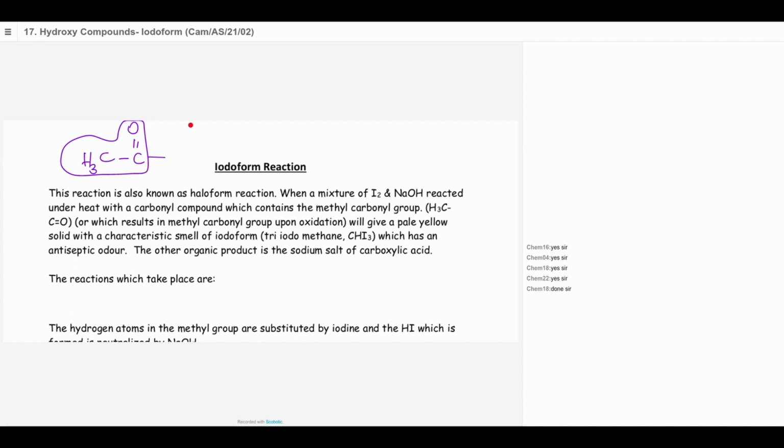So what we do is we simply add the iodoform mixture into this. Iodoform mixture being sodium hydroxide and iodine together. If your compound contains a methyl carbonyl group, the iodoform mixture will react with this molecule and form triiodomethane, which we call iodoform.